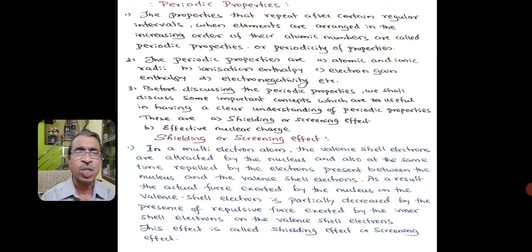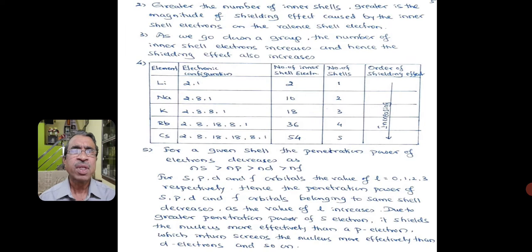This effect is called shielding effect or screening effect. Greater the number of inner shells, greater is the magnitude of shielding effect caused by the inner shell electrons on the valence shell electron.